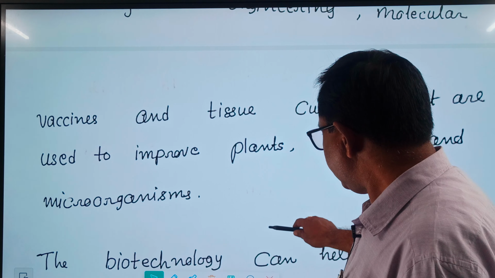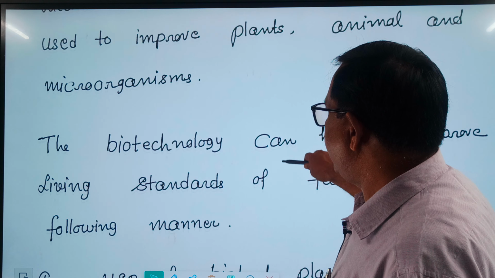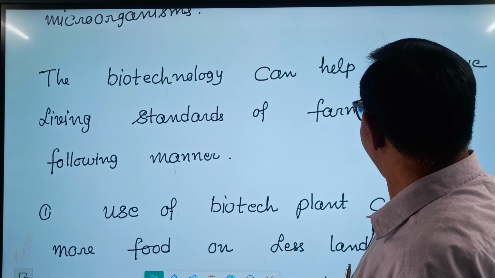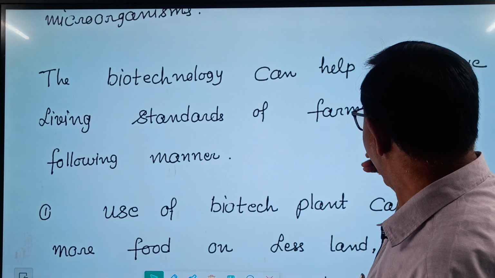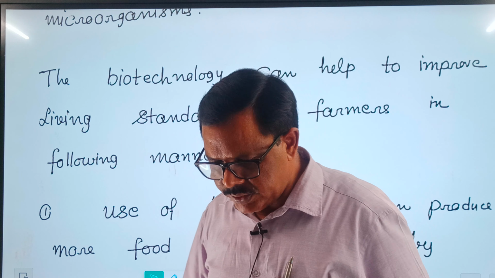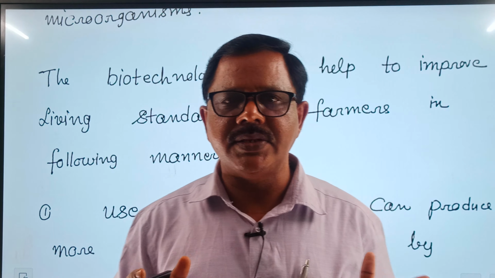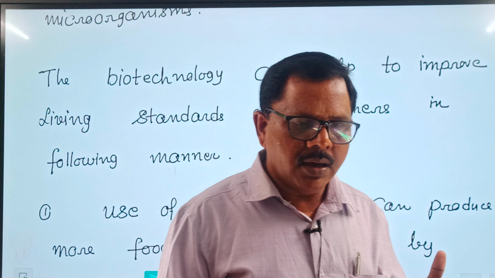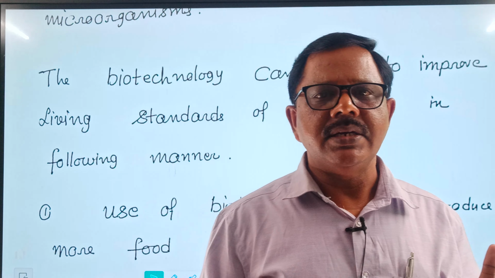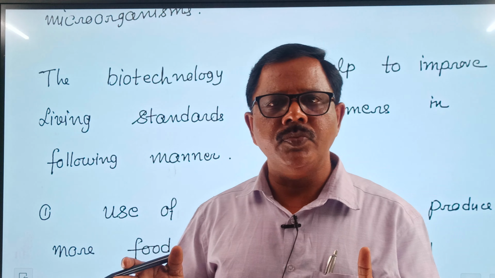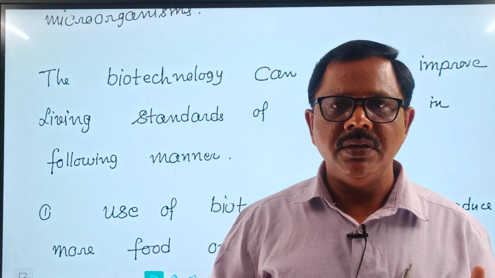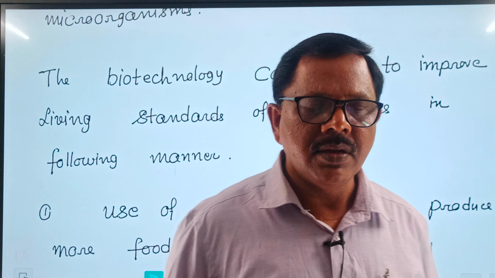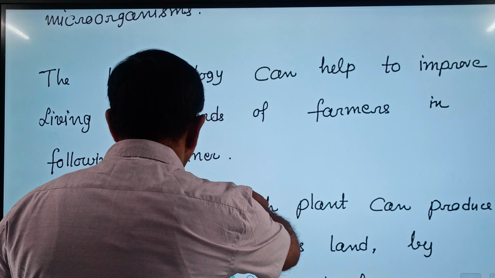Later you write that biotechnology can help to improve the living standard of farmers in the following manners. There are different manners by which biotechnology is being used for the betterment of farmers. You have to mention one by one their names and the points also.